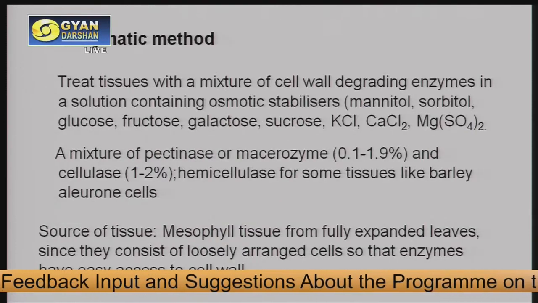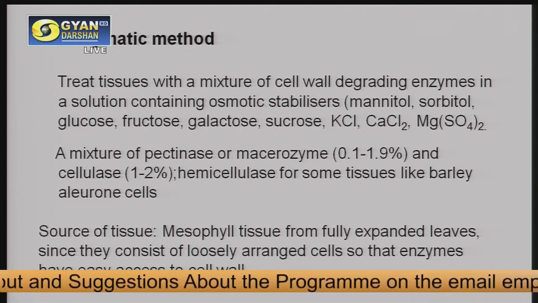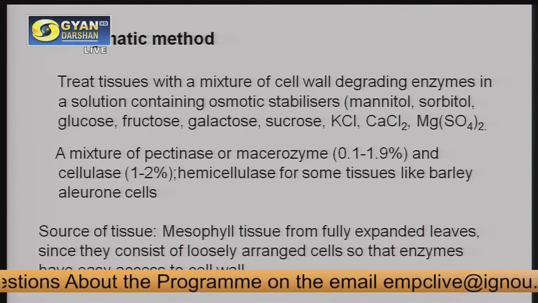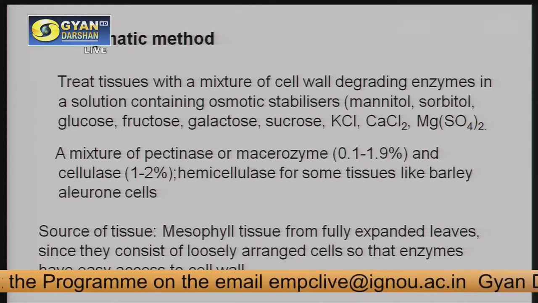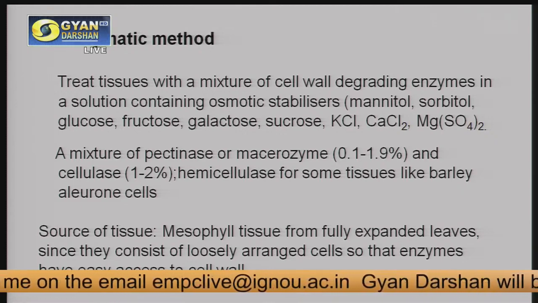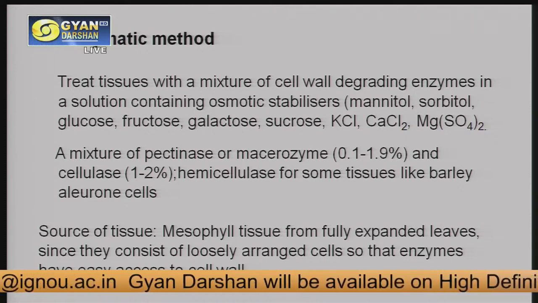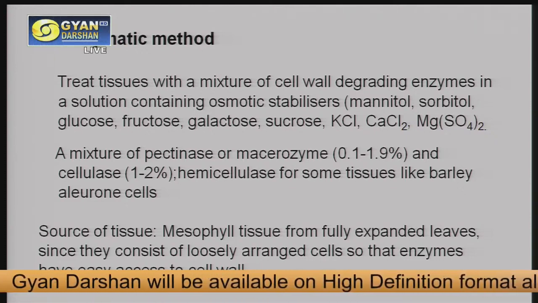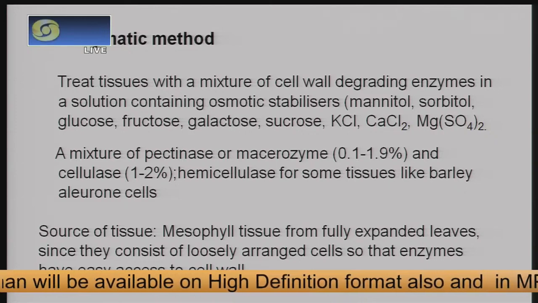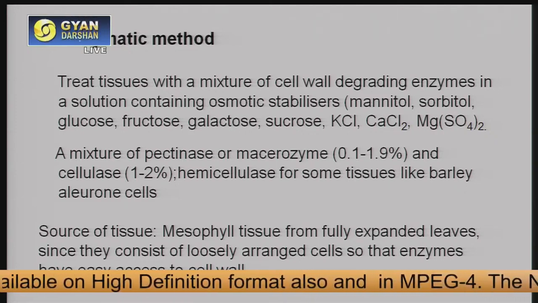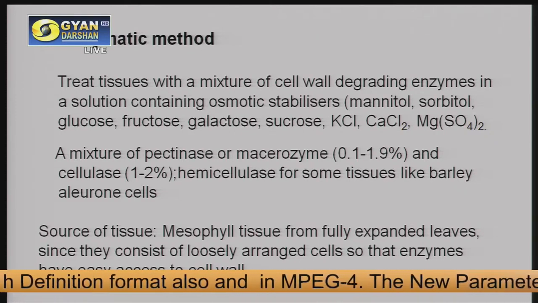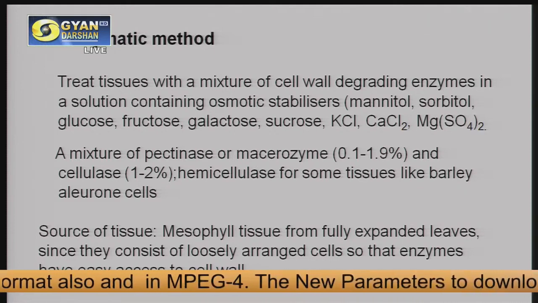So we mostly use the enzymatic method, that is, we treat the tissue with different kinds of cell wall degrading enzymes like cellulase, pectinase, or macerozymes in different concentrations, hemicellulase, and usually we use the mesophyll tissue because here the cells are very loosely arranged, so if you add the enzyme, the enzymes will be better accessible.